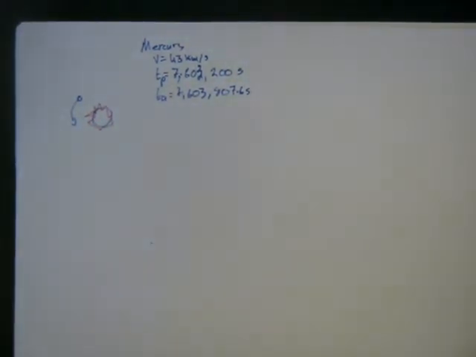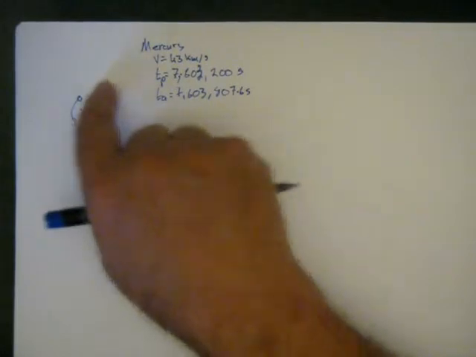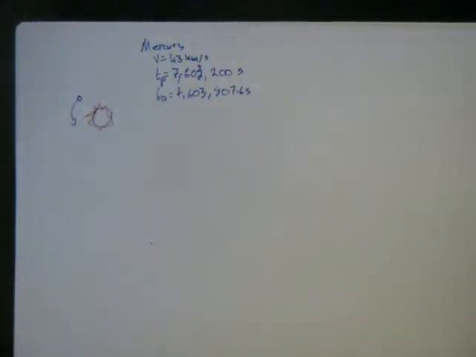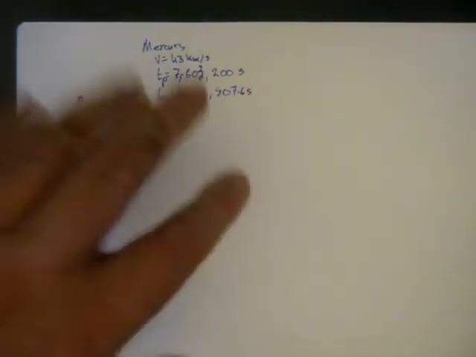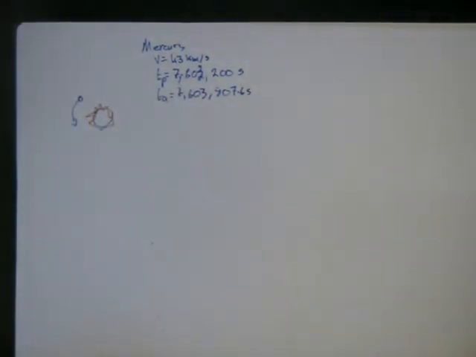So in one orbit, each orbit takes about 10 minutes longer than the physics of the day predicted. Back in the late 1800s they knew they had a problem, because it should take this long, but Mercury actually takes 10 minutes longer to orbit than predicted.